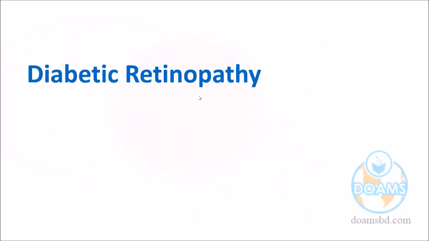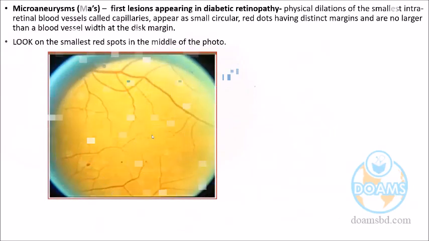Now some brief on diabetic retinopathy. I think you can be much more attentive. It is very challenging. So the initial appearance is microaneurysm. This is microaneurysm, very, very small dots adjacent to the vessels.